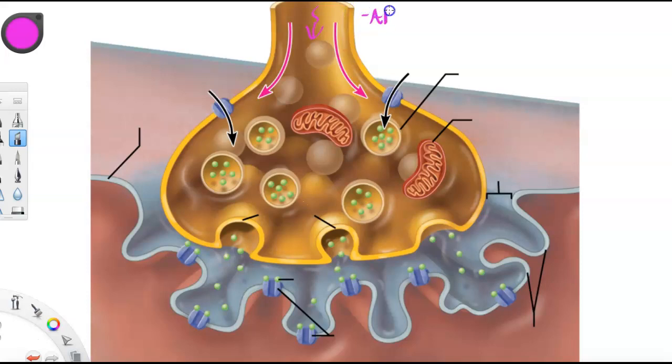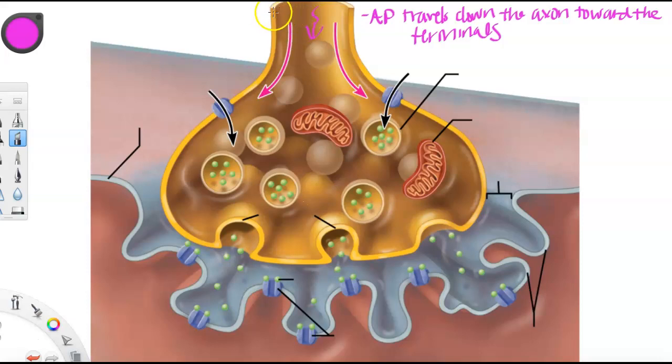So the action potential travels down the axon toward the terminals. As it travels down here, that just means it's being propagated down this axon.